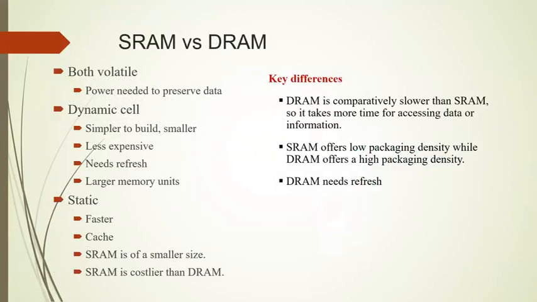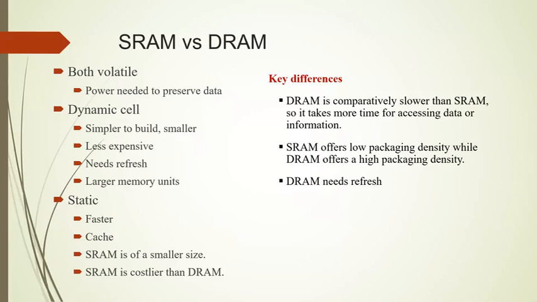Okay, so here you can see the comparison of SRAM versus DRAM. Both are volatile. If you use a dynamic cell, that means dynamic RAM, it is simple to build, smaller, less expensive, needs refresh, and is a large memory unit. When you go to static RAM, it is faster, for example for cache, but smaller in size.